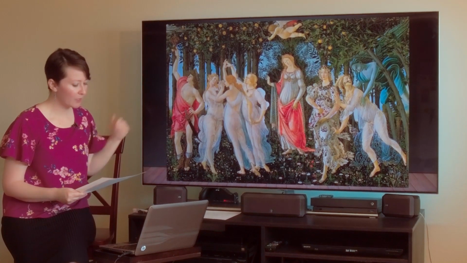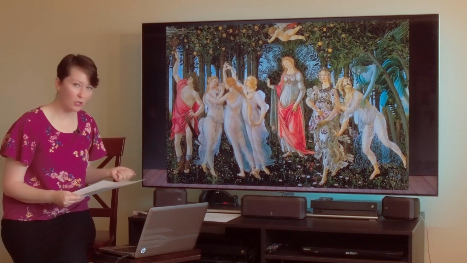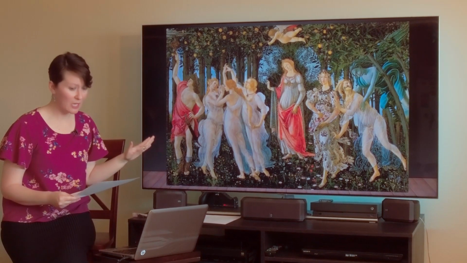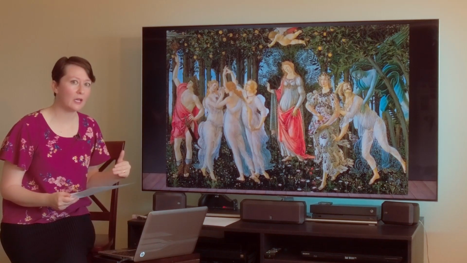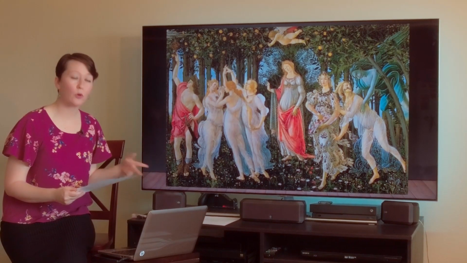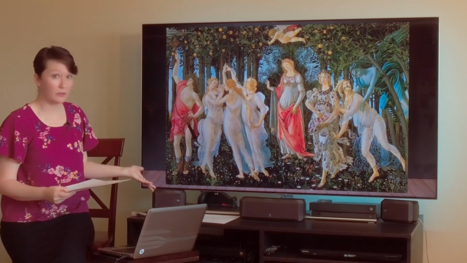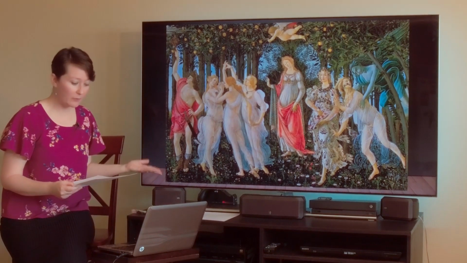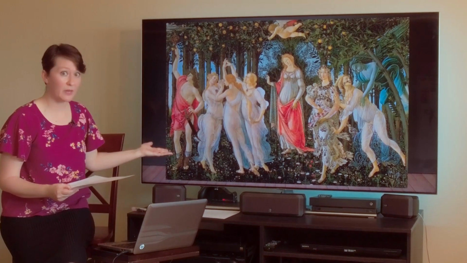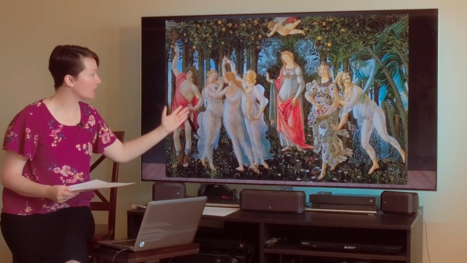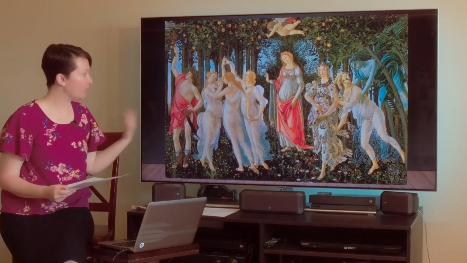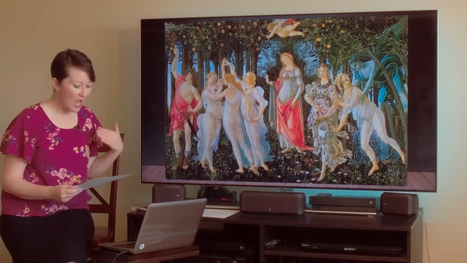Now that we've taken a closer look at this painting, because there's a lot going on here, some art historians think that this is Botticelli depicting the ultimate metaphor for beauty. And that makes sense. If you think about it, all of the figures in this painting are impeccably dressed, with elaborate hairstyles, jewels, beautiful epic clothes.